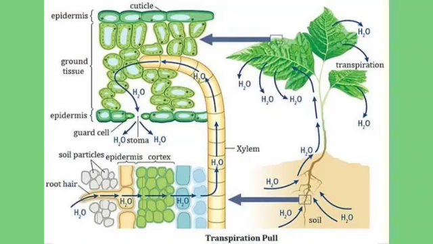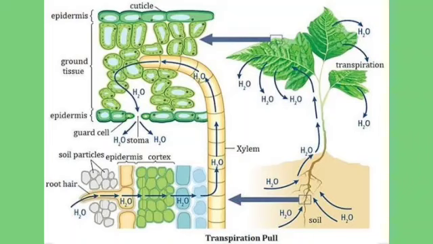As a result, the water level in the epidermal layer of the leaf decreases. In the diagram, you can see here that the epidermis layer of the leaf is there. There the water decreases. Water is brought up to the leaves through the xylem so as to compensate for the water loss.